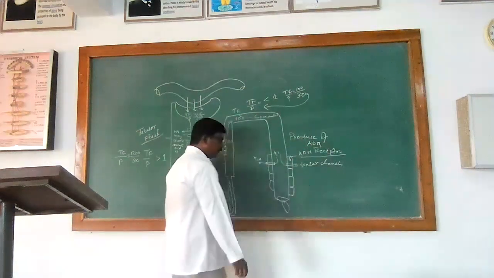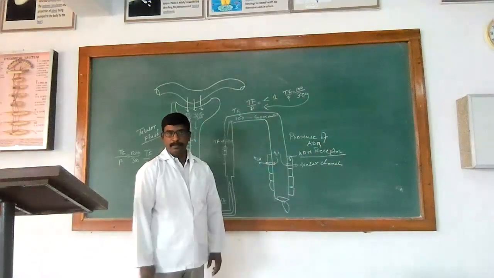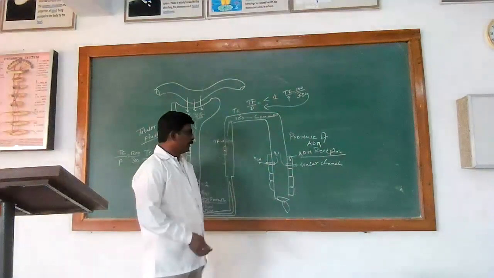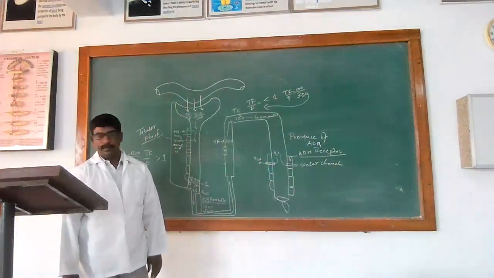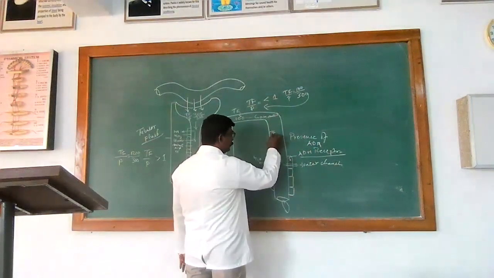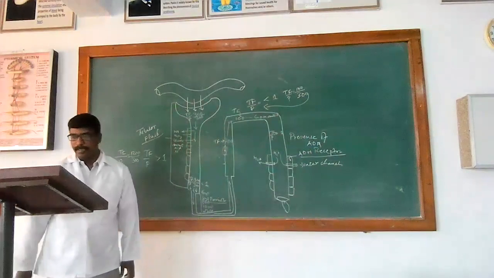Here the concentration will increase, because water is being lost here. So the tubular fluid to plasma osmolarity ratio, TF/P, will first become equal to 1.